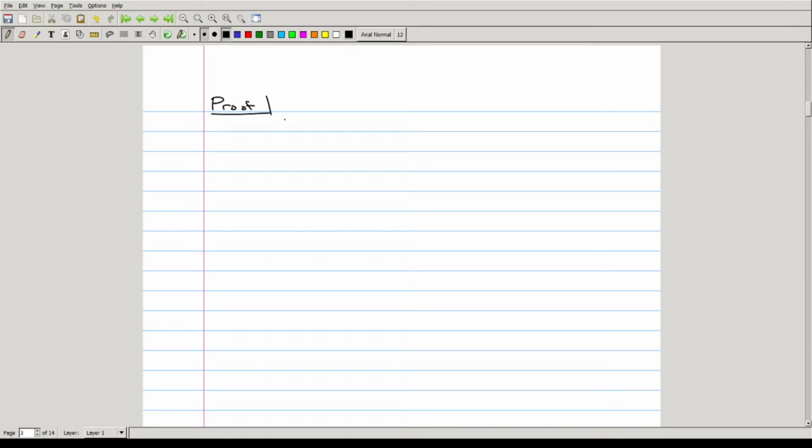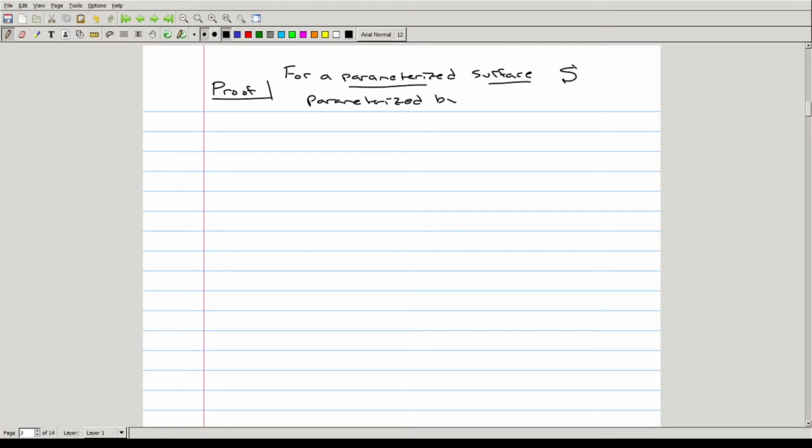So we'll prove this for a relatively simple surface. We'll assume that we have a parameterized surface S, and specifically, we'll assume that S is parameterized by some function r of u, v, for u and v in some domain D, some region in UV space.